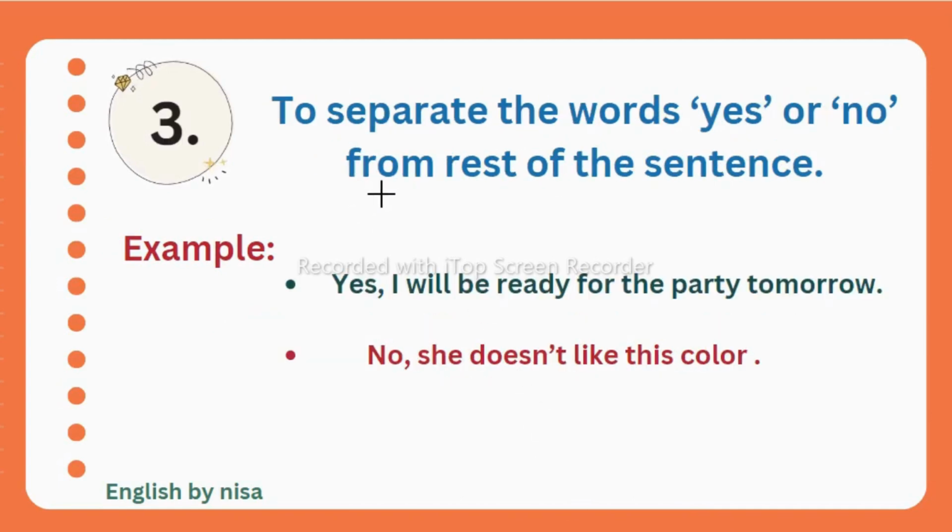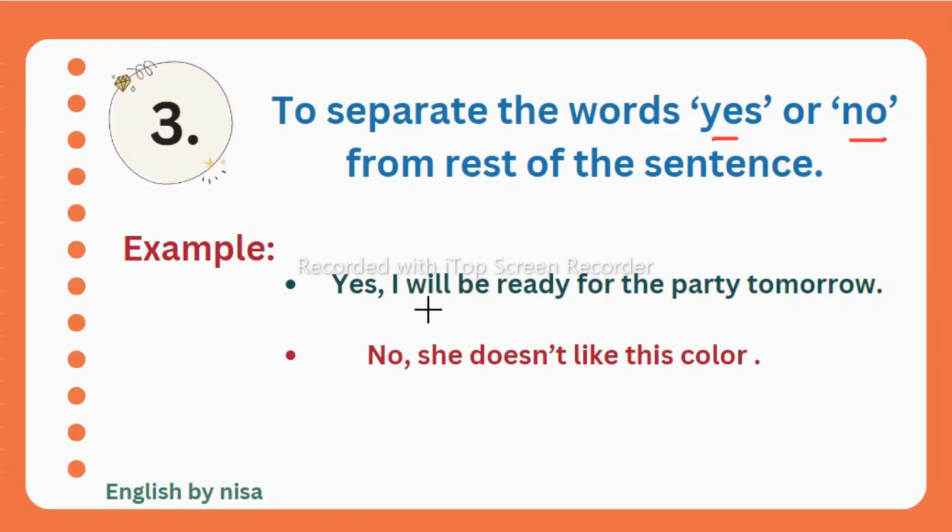Now the next rule: we use a comma to separate words such as yes or no from the rest of the sentence. Where do we use this yes or no? When the question is asked with an auxiliary verb. For example, is your flight late? Yes. After that yes, you have to put a comma. Then if you wish to describe further, you can describe.